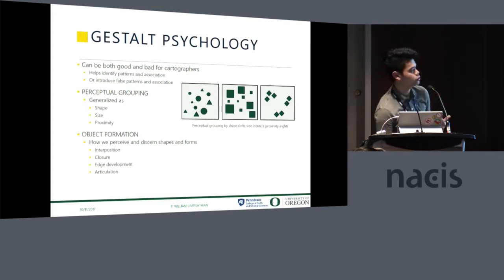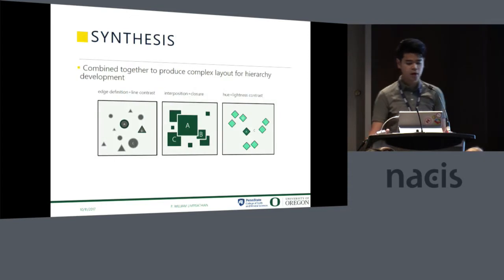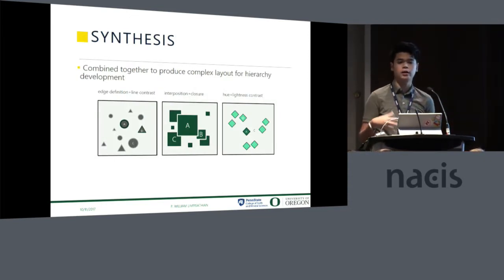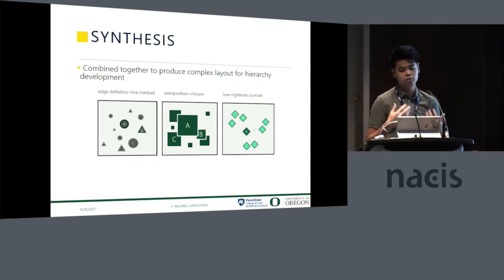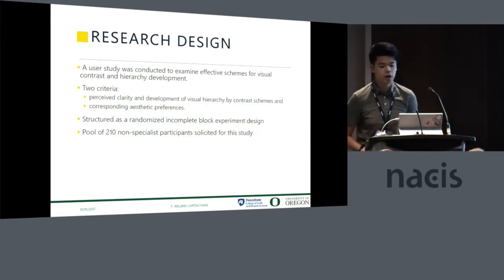In addition to theories on visual contrast, I pulled theories from Gestalt psychology, mainly those on perceptual grouping and object formation, which essentially explain how we as humans see and perceive objects on a plane, such as a map. Synthesizing these together, I tried to use them to inform a better and thorough research and give a clearer picture of this complex interplay of all these very complex theories and literature.